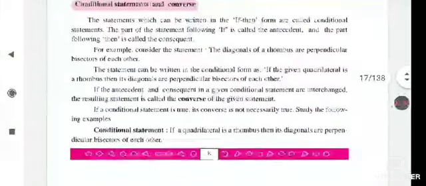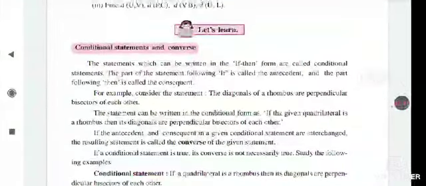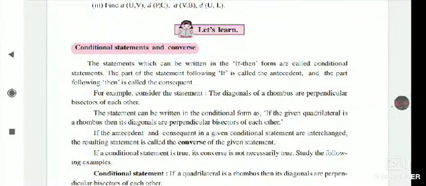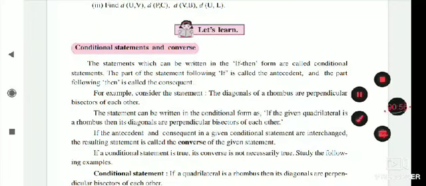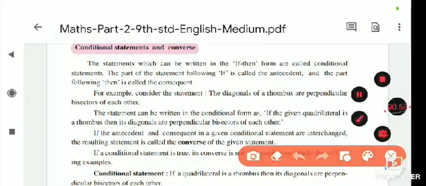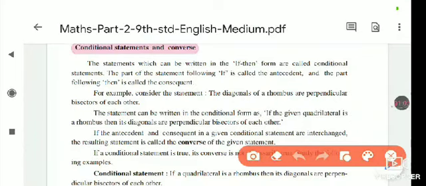Now the next point of the revision is the conditional statements and the converse. Under this, a statement which is written in if-then form, in the statement, if they are using if and then, that statement is called a conditional statement. For example, here one statement is given.